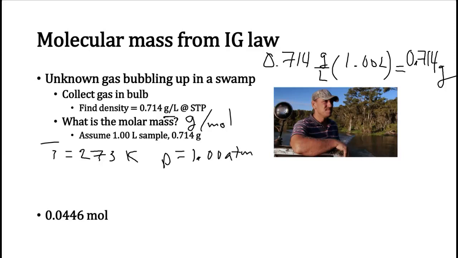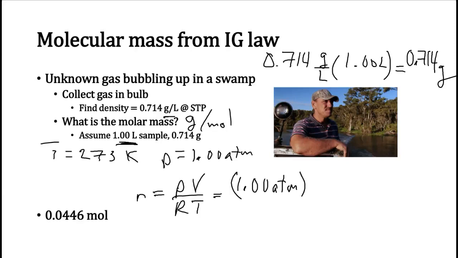Okay, so we started out by assuming that we have 1 liter, so that's our volume. So we have PV equals nRT. So we need to rearrange to solve for n. So n would be PV over RT. So plugging in, we should see that all of our units end up canceling out.